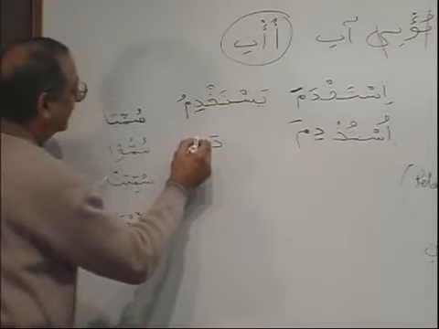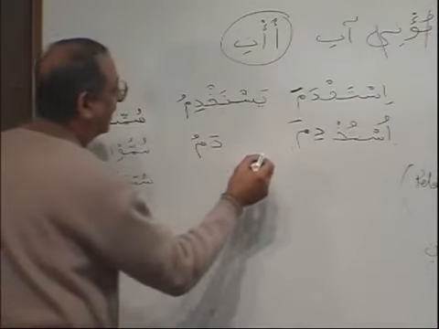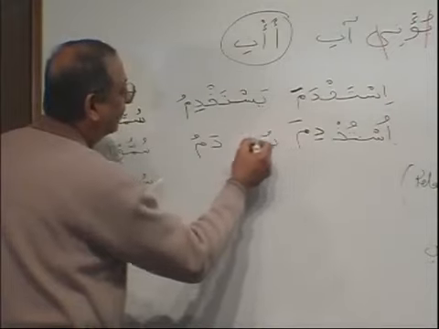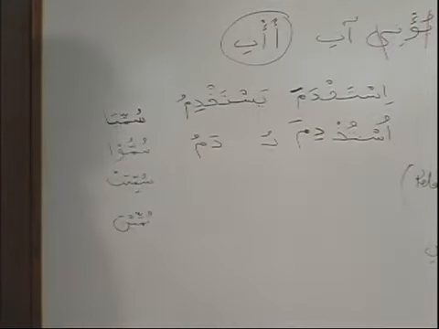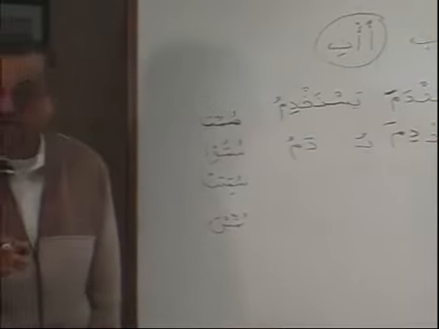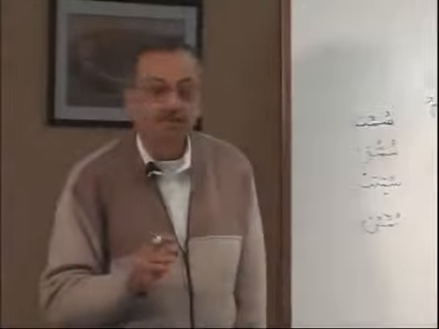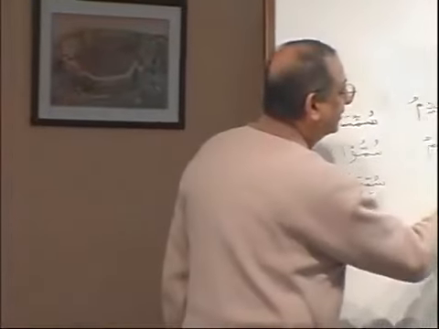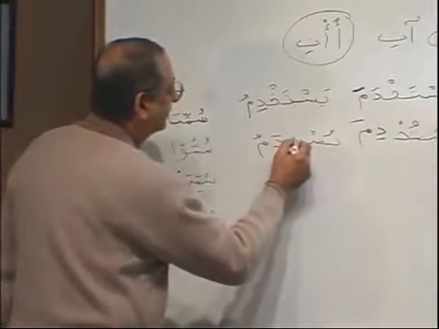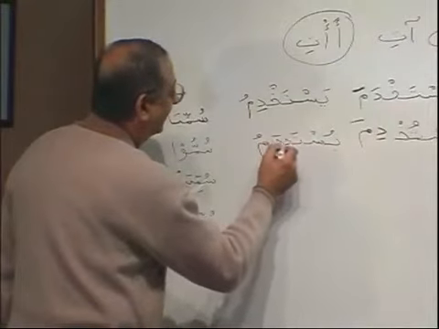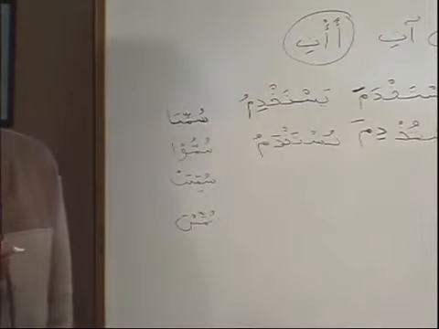Meem of course gets a dhamma. And then ya will become yu, and if there are any other letters, mutaharrik, they will get a fatha. So what will it be? Yustakhdamu. That's all.